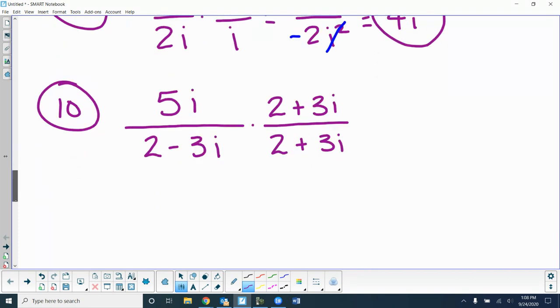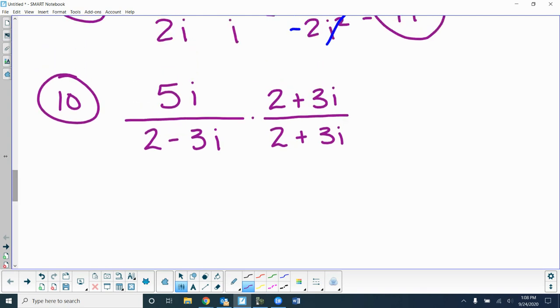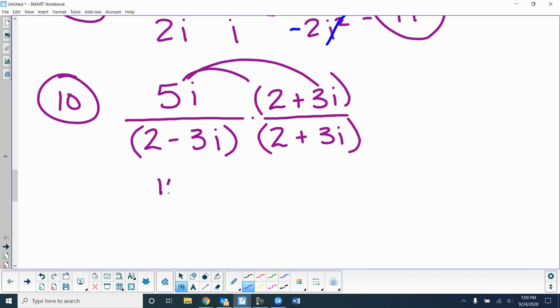So then I'll distribute. A lot of times I'll put parentheses around these. You don't have to, but that just reminds me I'm going to FOIL on the bottom and in this problem distribute on top. So I got 5i times 2 is 10i. And 5i times 3i is 15i squared.